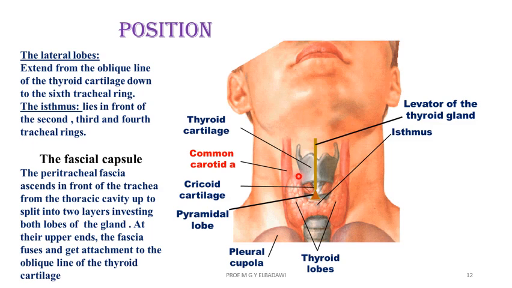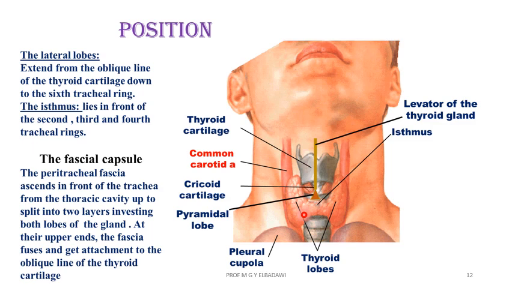The lateral lobe extends from the oblique line of the thyroid cartilage down to the level of the 5th or 6th tracheal ring, while the isthmus lies in front of the 2nd, 3rd, and 4th tracheal rings in the middle line. That is the isthmus of the gland.